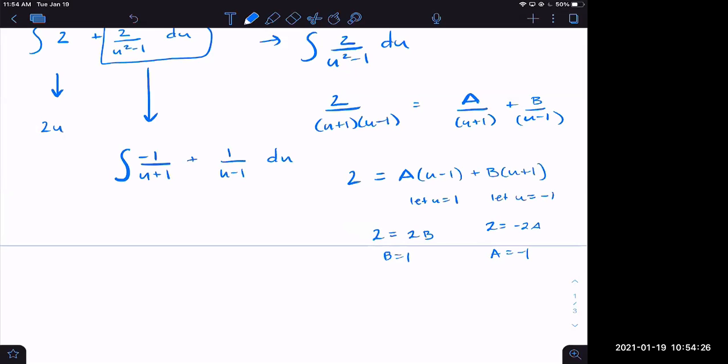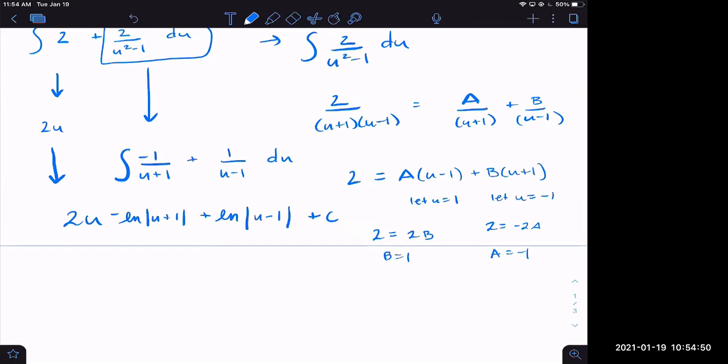And now I can do the antiderivative of each of those. Because the derivative of the bottom is just 1, it's just ln of that. This is negative ln absolute value of u plus 1 plus ln absolute value of u minus 1. We have a plus C, and we have this 2u from the beginning that's still hanging out in front.